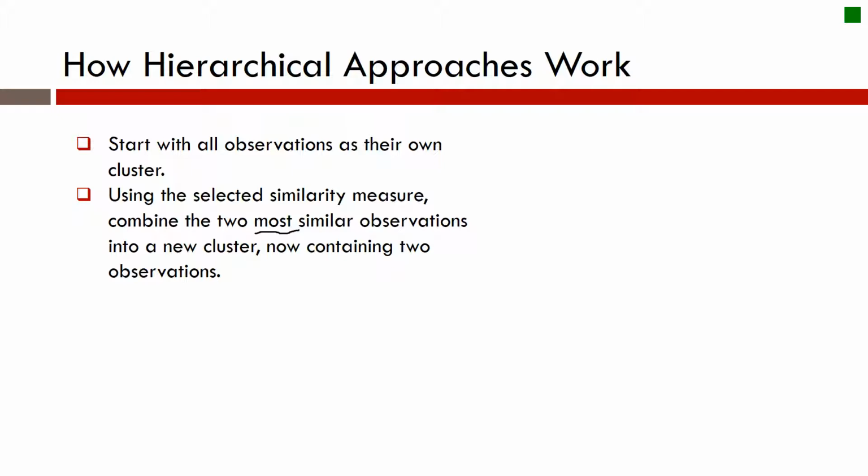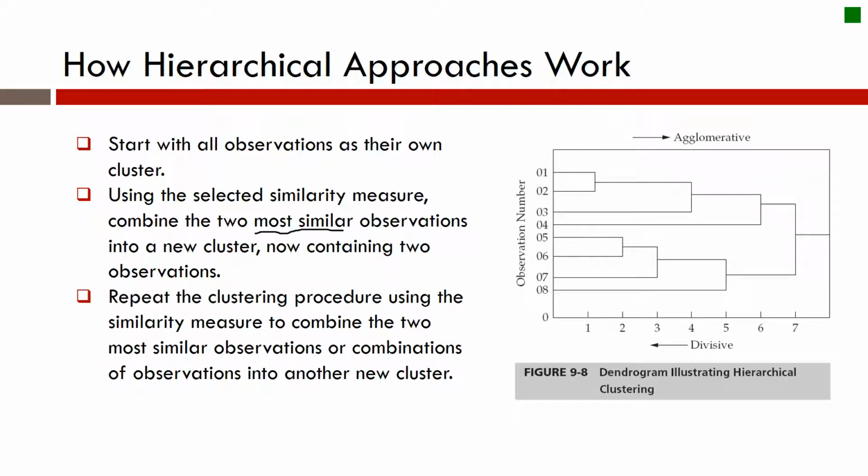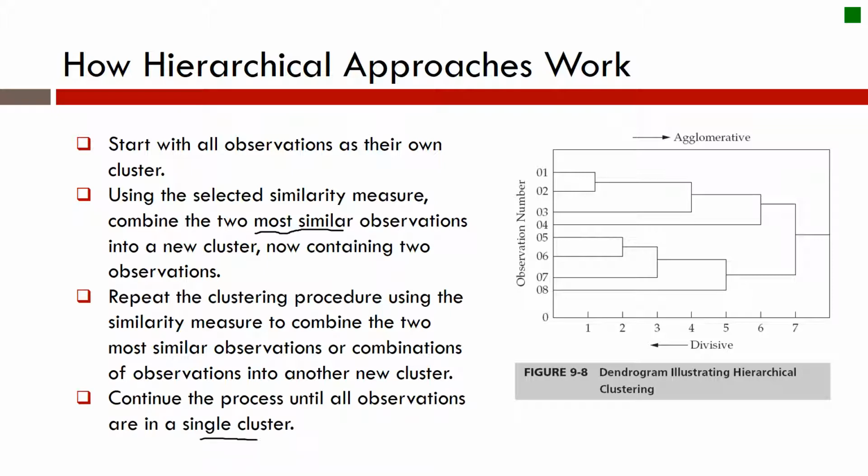Those two that are most similar to each other form a cluster, and now that one cluster has two observations instead of one. This will repeat and continue until all of the observations have been placed into a cluster, and each cluster has a single center.